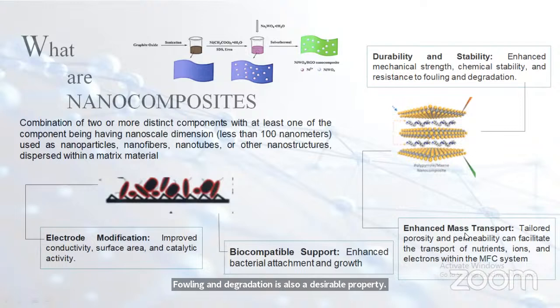Then enhanced mass transport, which is achieved because of the tailored porosity and permeability of nanocomposites, can facilitate the transport of nutrients, ions, and electrons within an MFC system. So all these properties can be imparted by the use of desired nanocomposites or engineered nanosystems.